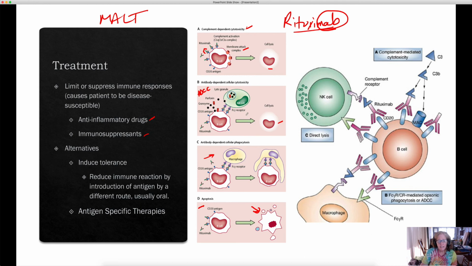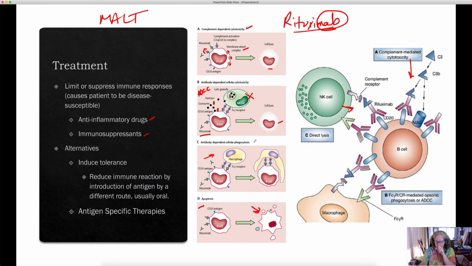Then we have the ADCC reaction. In this case, this monoclonal antibody binds to the antibodies that would activate the natural killer cell. So the natural killer cell, you can see here NKC, can't bind. Here, the cell-mediated cytotoxicity, rituximab keeps it from activating complement.